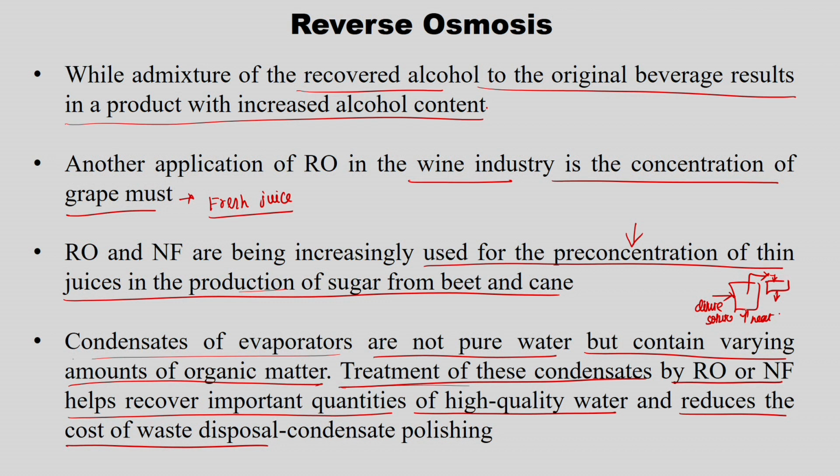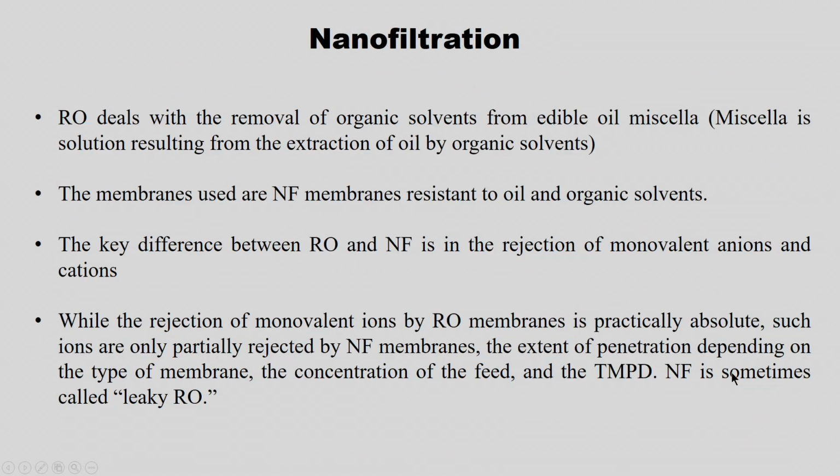So, this particular process is called condensate polishing, right. There my RO and nanofiltration membranes are being used. So, now nanofiltration. Certain applications I told are common for RO as well as nanofiltration. So, now we are going to see what is exactly the difference between reverse osmosis and nanofiltration.